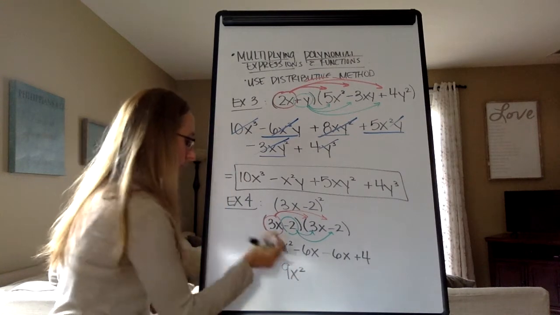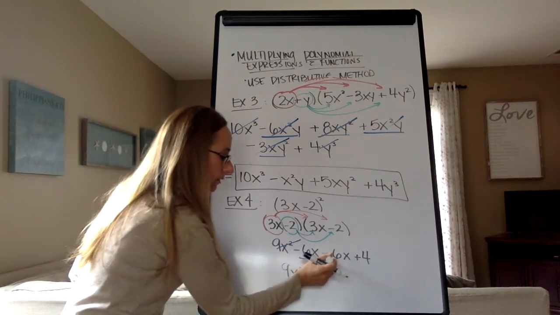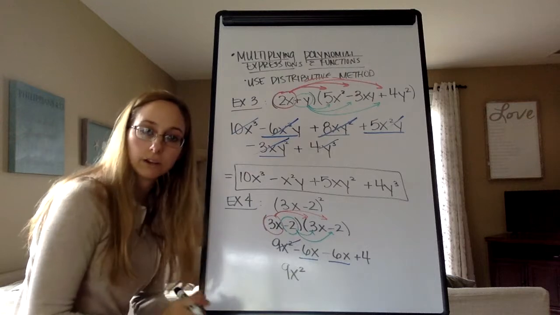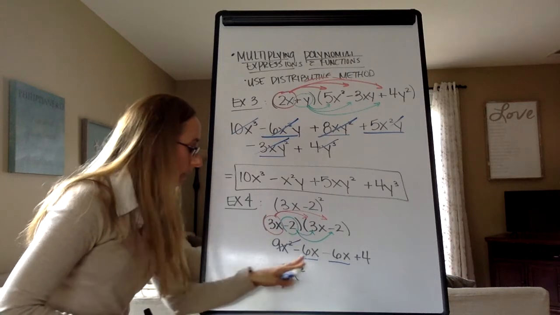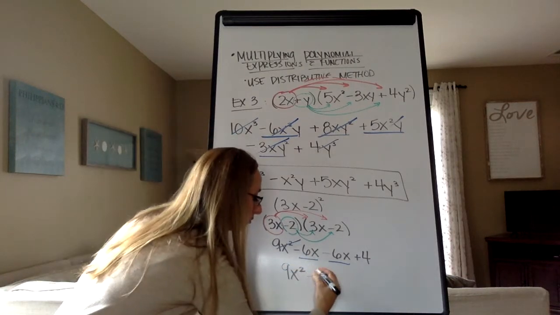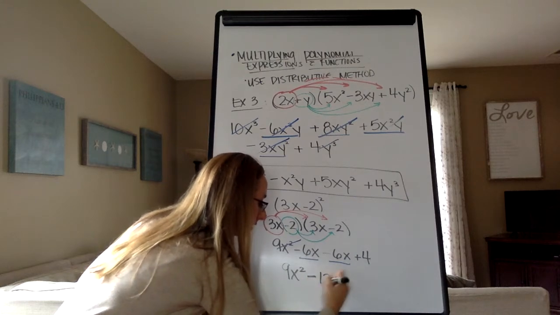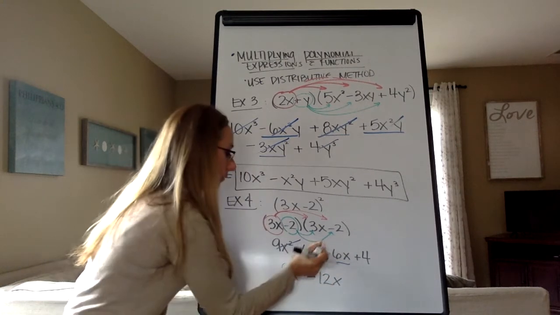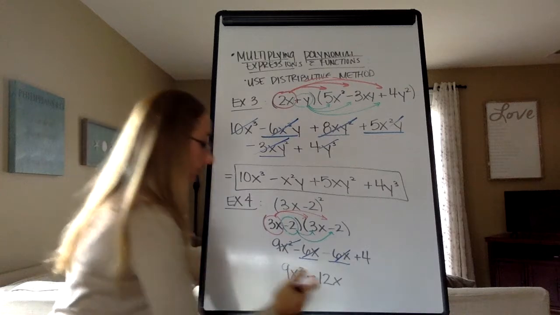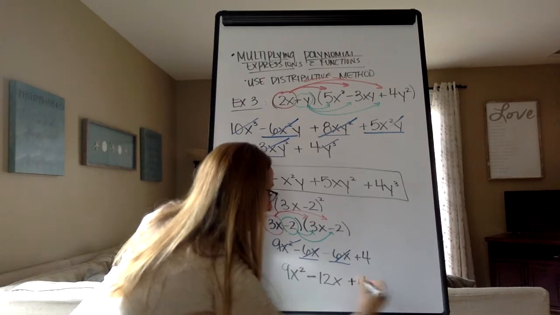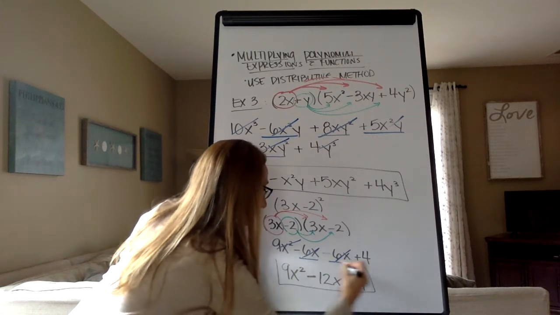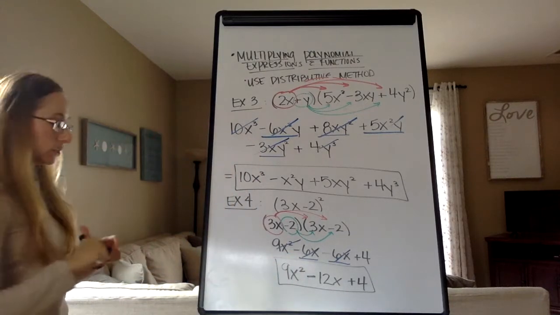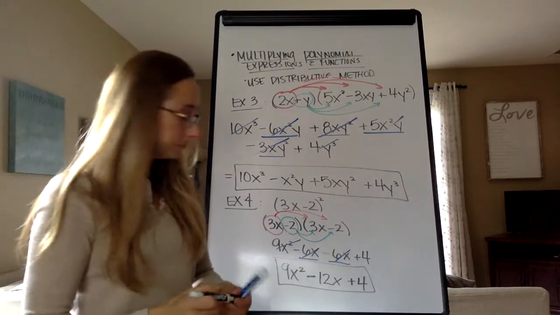That takes care of that first term. Minus 6x, minus 6x, those two are like terms. We can go ahead and combine them. Negative 6x minus 6x is negative 12x. That takes care of those two. And then plus 4. So 9x squared minus 12x plus 4.